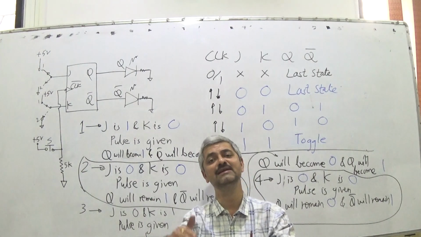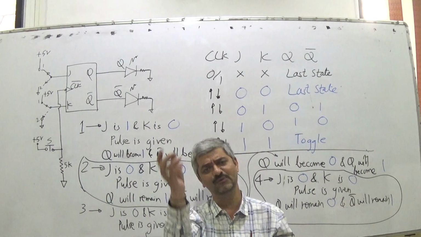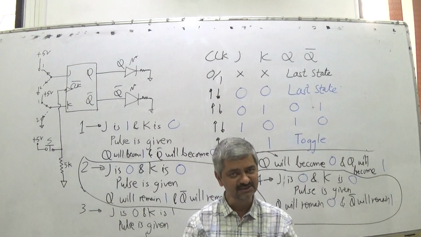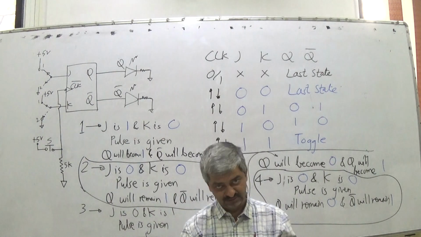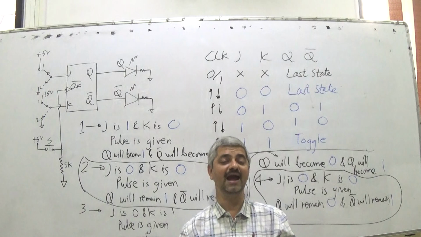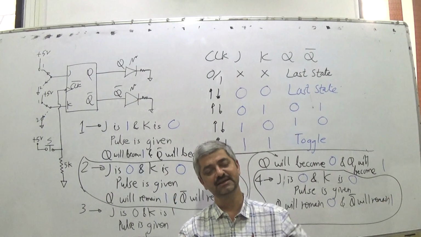Those are non-demanding customers. Non-demanding customers means anything is okay with them, and demanding customers want a specific thing. So input combinations 0 0 and 1 1 are non-demanding input combinations.